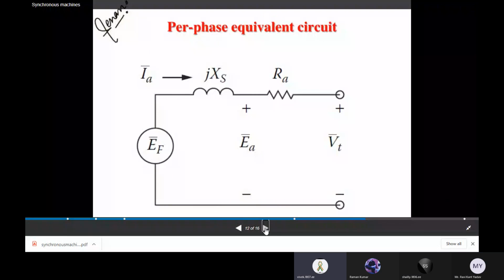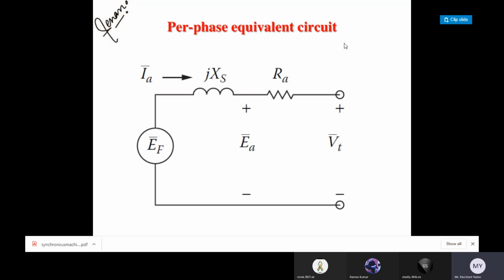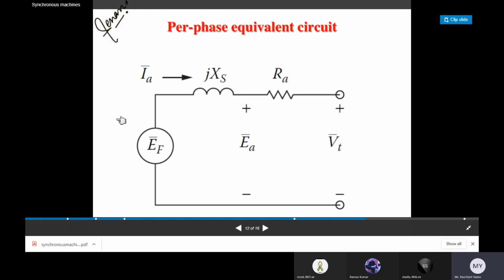This is the per phase equivalent circuit. If we are discussing the equivalent circuit, we take the single line diagram only and multiply by 3, then we can find the three phase characteristics through the single line diagram. This is the equivalent circuit of the synchronous machine.